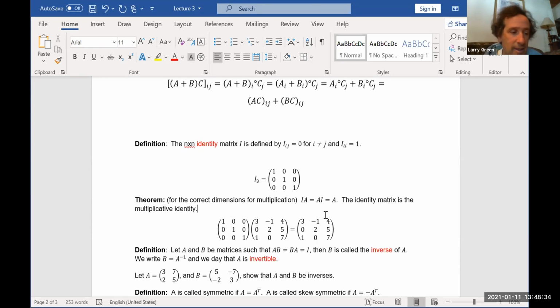Then you want to say, is there a vector such that if you cross it with another vector, you always get what you started with? Does that make sense? And the answer is no. It turns out there is no multiplicative identity for vectors. So it's definitely different.